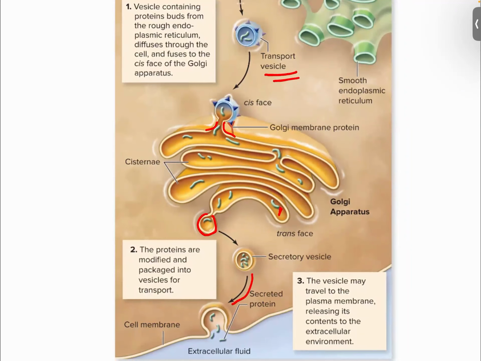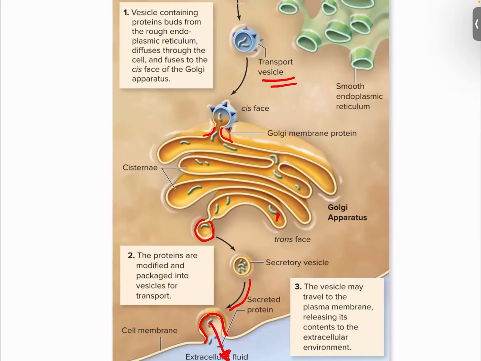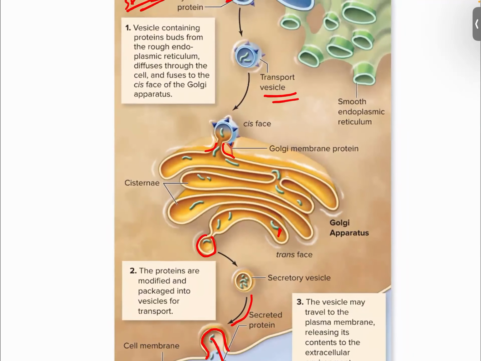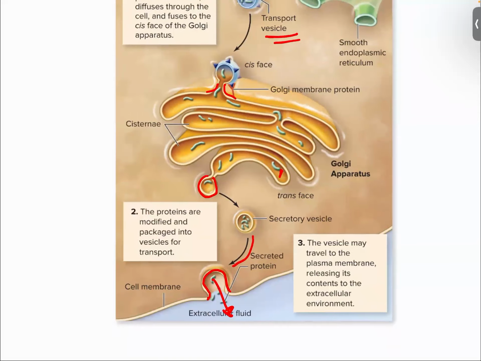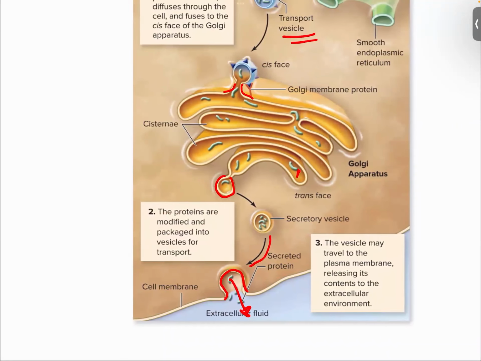When it touches the membrane, it'll fuse with it and dump its contents to the outside of the cell, into the external portion of the cell. At that point, that's secretion. Anytime a cell releases something outside of itself, that is secretion. So that's basically what that's doing.